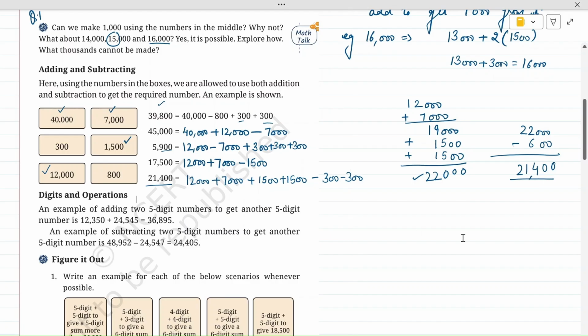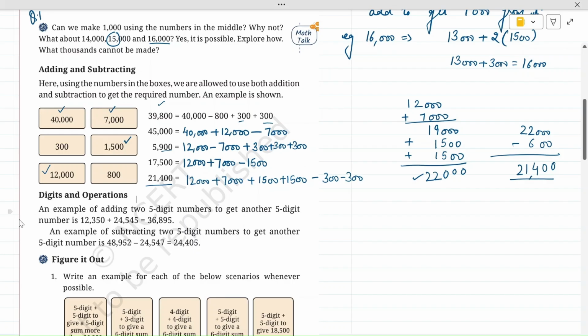Now, digits and operations. An example of adding two 5-digit numbers to get another 5-digit number is 12,350 plus 24,545. So when we are adding these two 5-digit numbers, we are getting another 5-digit number only, 36,895.